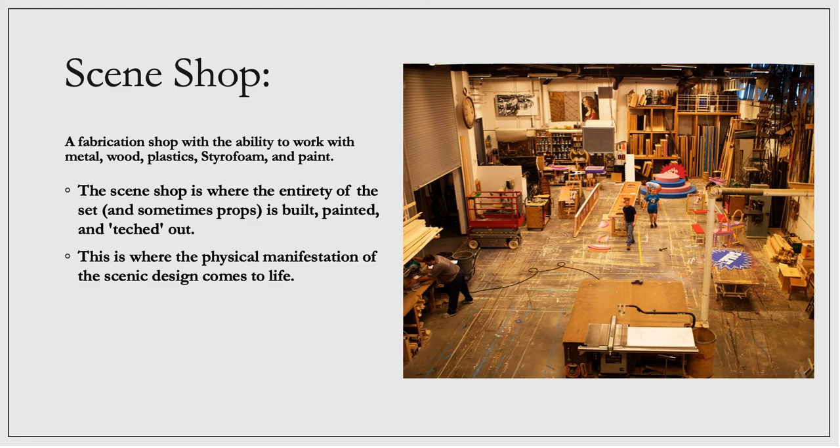Because of the variety of set pieces needed for individual shows, the scene shops really require a diverse amount of tools and materials. So we'll be going over some of these in future lectures as well as when you spend time in the lab.